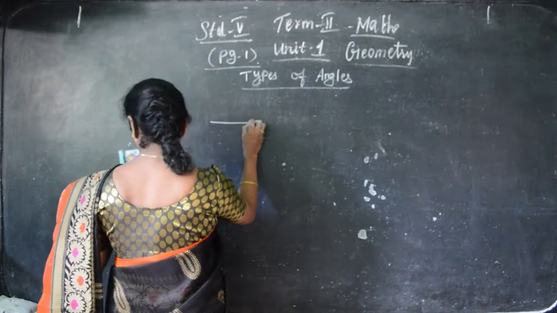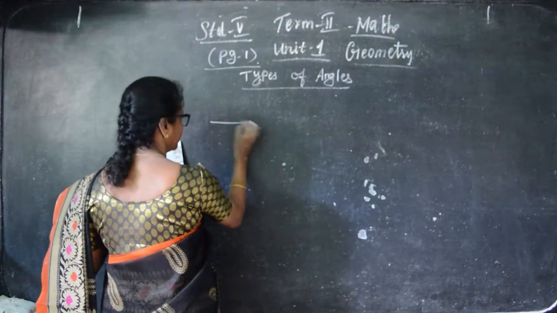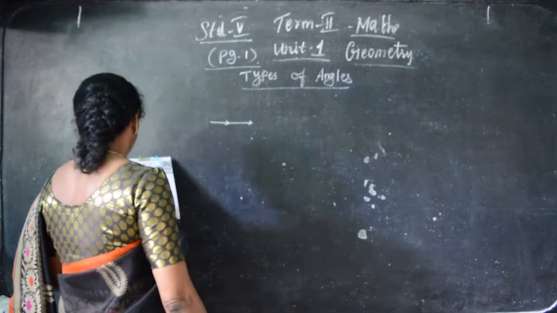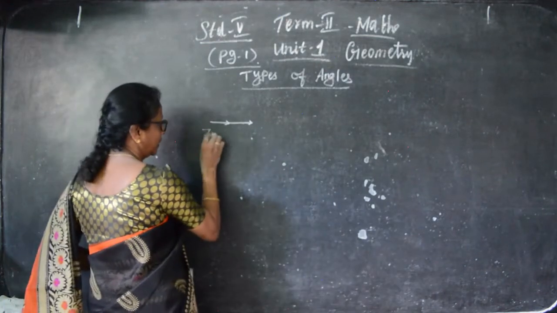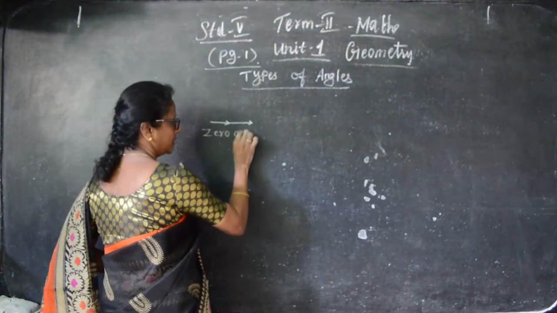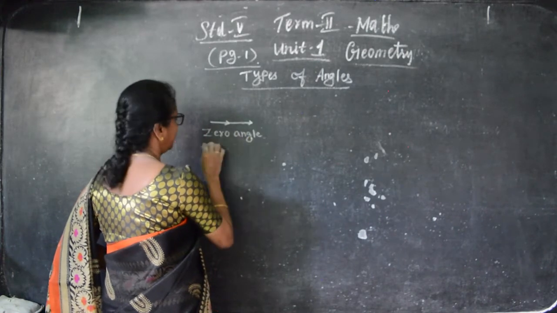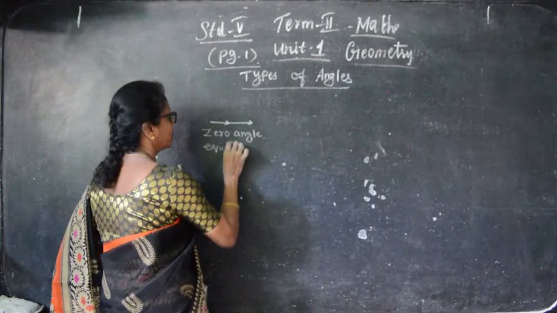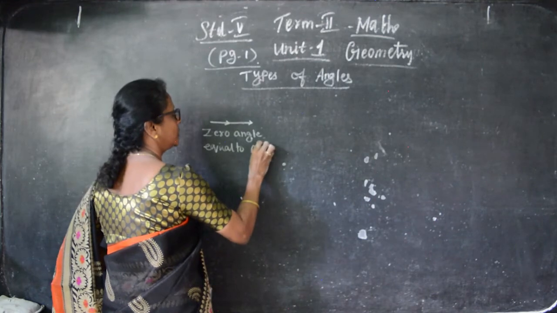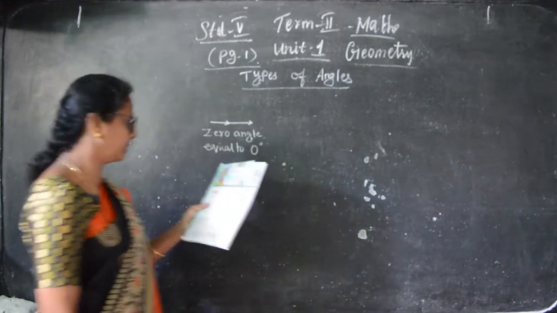See, this is the zero angle. This is zero angle equal to 0 degree. Okay, this is the zero angle.